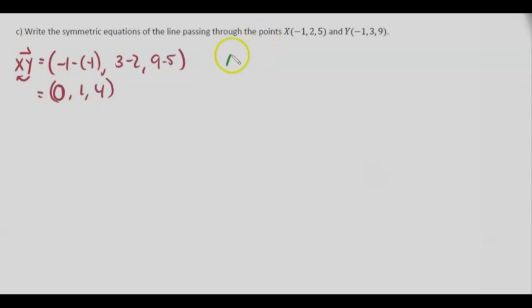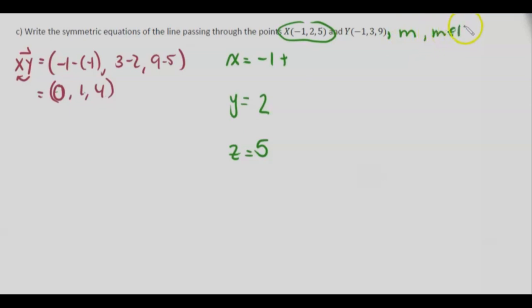Okay, so let's go ahead and write out x equals, y equals, and z equals. Okay, so we have 0, 1, 4 as our direction vector, and we can pick point X or Y, doesn't matter. Let's pick X. So -1, 2, 5, right? We list our point, plus, let's go m, where m is an element of the real number system.